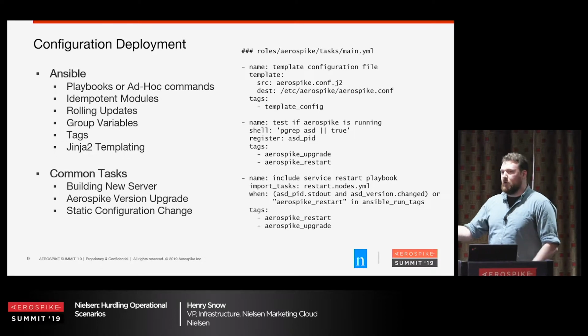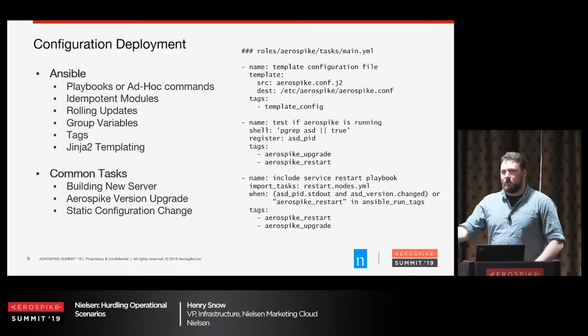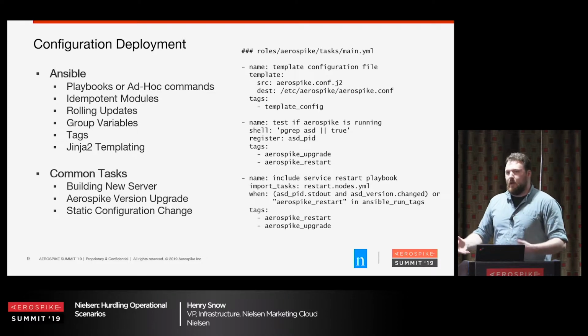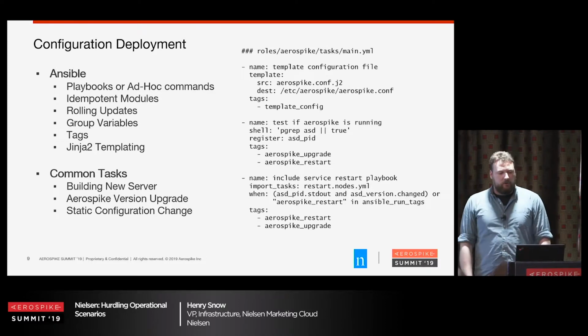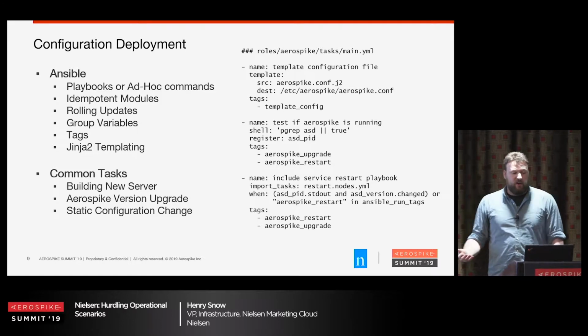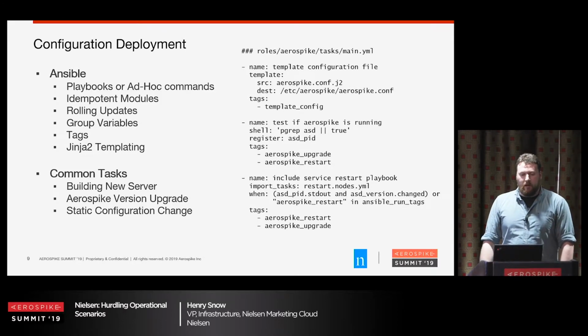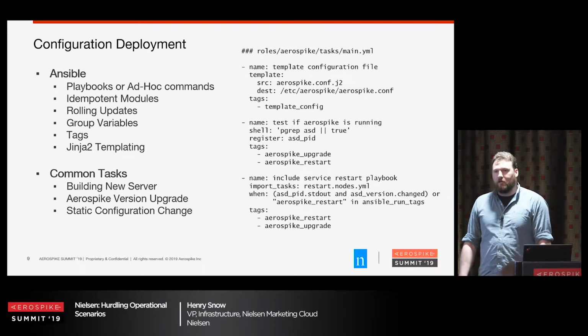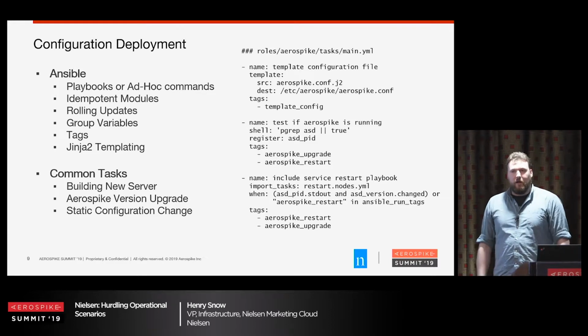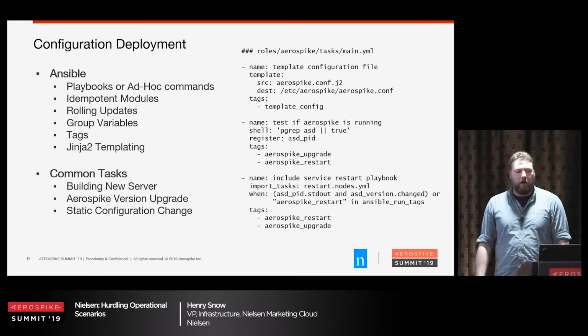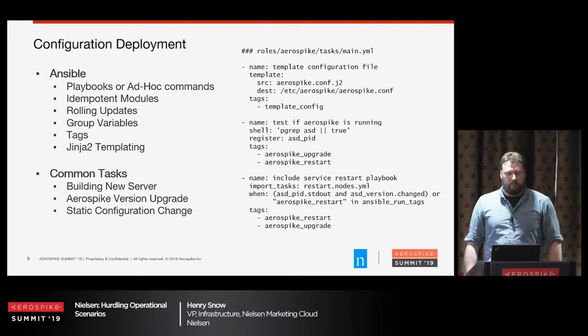You're able to quiesce a node, make it drop out of the cluster gracefully, upgrade the version, bring it back in, wait for it to rejoin, and then move on to the next one super simply. Jinja templating is awesome as well. It allows us to template out all the IP information for connecting the dots between the meshes for node discovery, as well as XDR IP address discovery for the remote data centers.